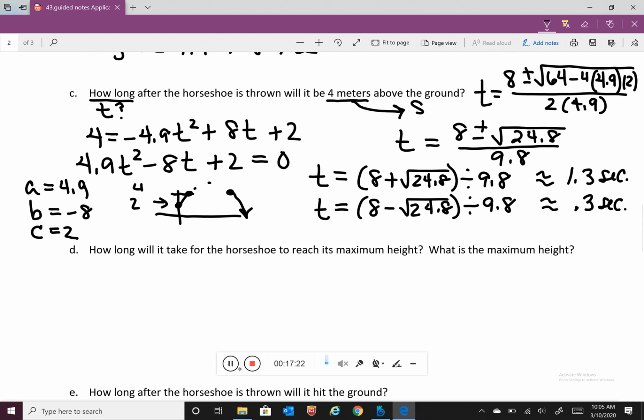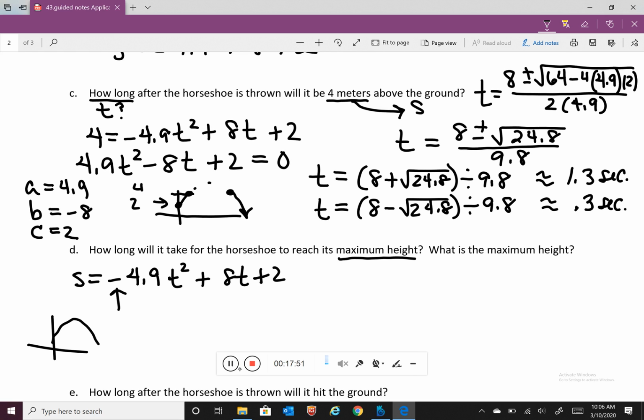Now, how long will it take for the horseshoe to reach its maximum height? Now remember, this is a quadratic function, and because a is negative originally, so we have s is equal to negative 4.9 times t squared plus 8t plus 2. Because a is negative, that means that this is opening down, which is why we can talk about maximum height.